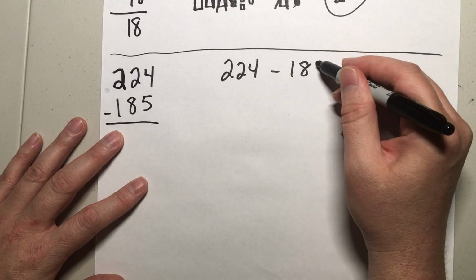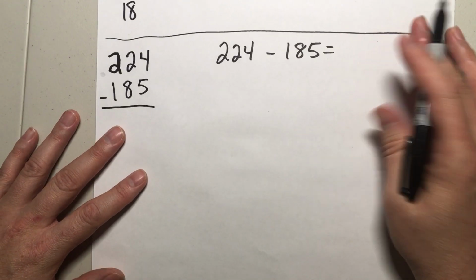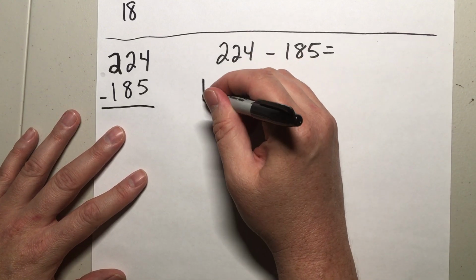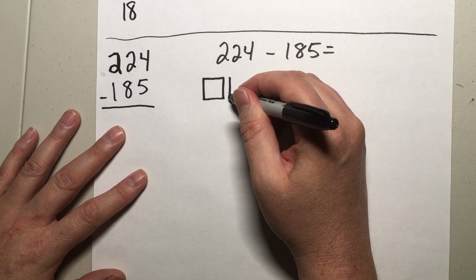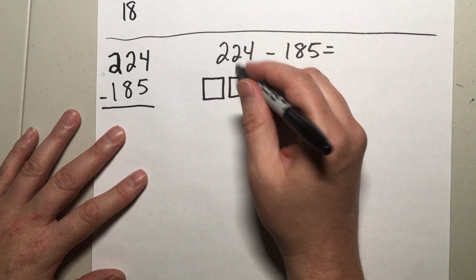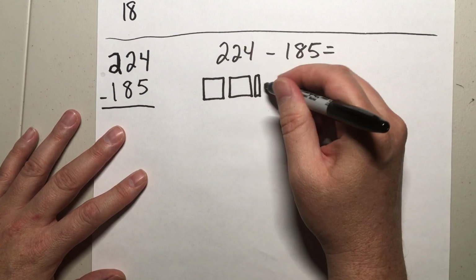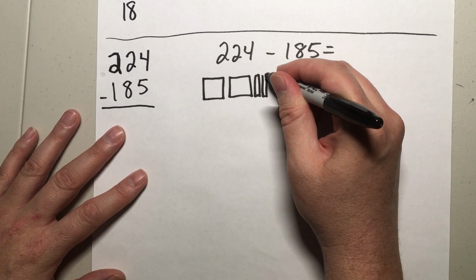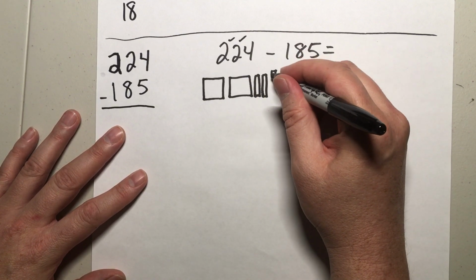Think big kids. All right, so let's think here. So now I'm going to have 2 flats for my 200. Then I'm going to have 2 longs. I'm going to do this because I'm a little bit sleepy like I've been telling you.